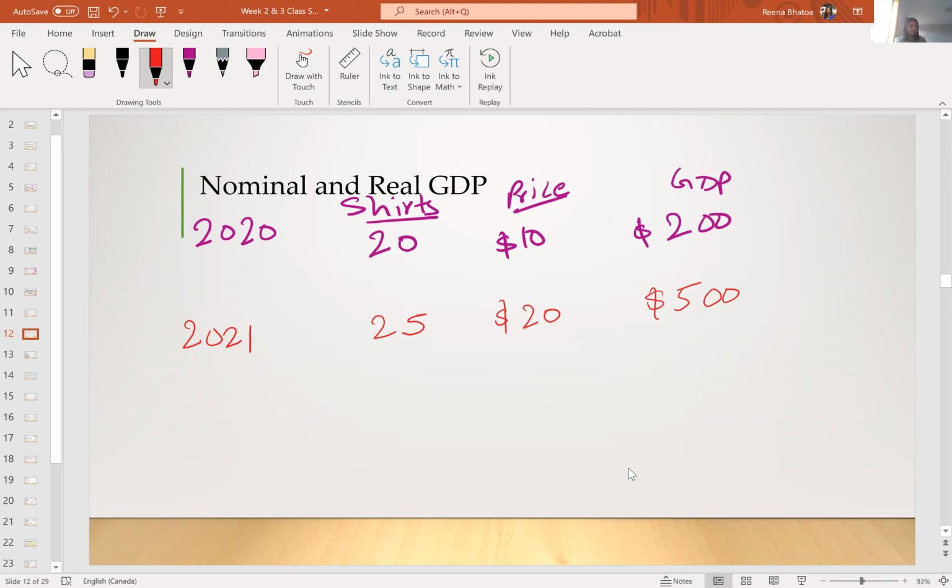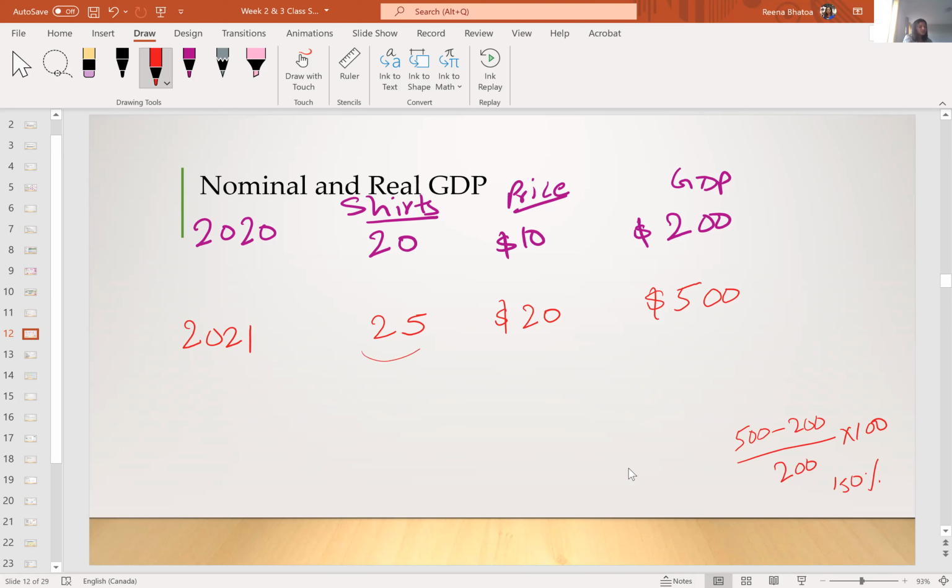If I calculate the percentage change, it is 500 subtract 200, divided by 200, times 100. So 3 divided by 2, it's like 150%. Am I right? Yeah, a 150% increase in GDP, right?